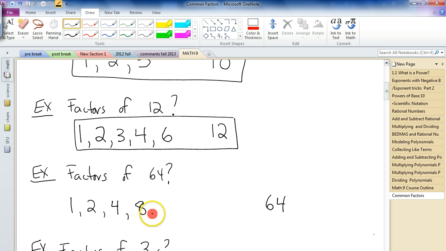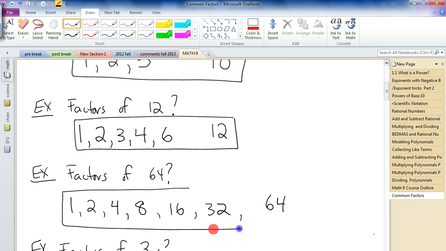And 9, 10, 11 don't. So then from here we realize that it's 16 that goes into it, and also 32 goes into 64. Those are the factors of 64.